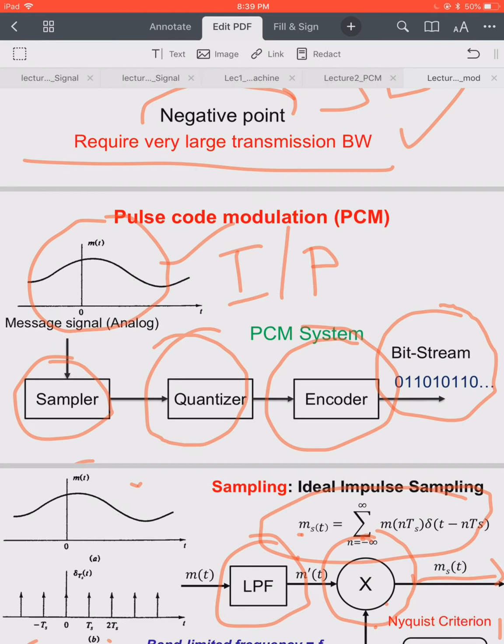Next, quantization, which converts a continuous amplitude sample to a discrete amplitude sample. And finally the encoder produces an n-bit code for each sample. So finally we get the digital data.